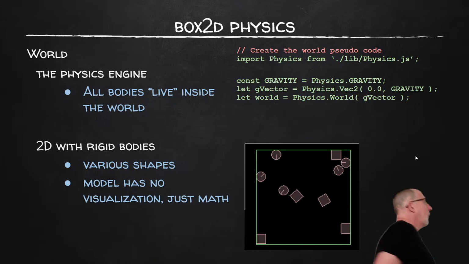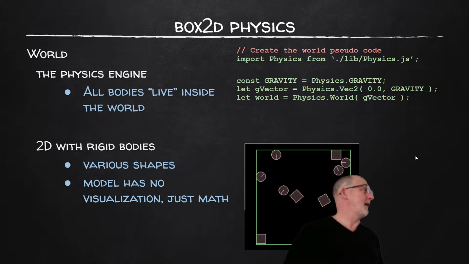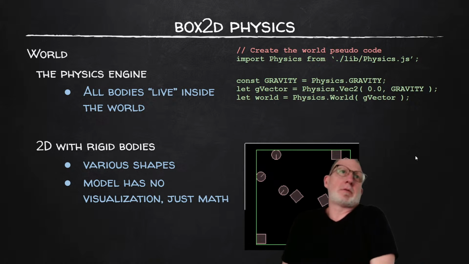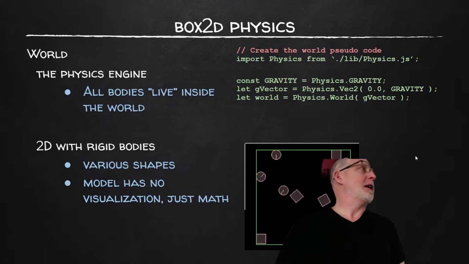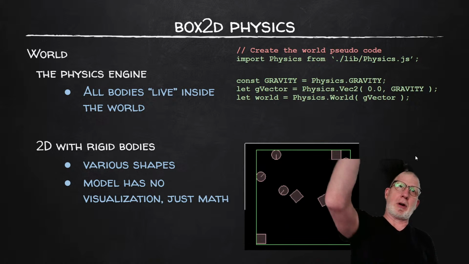Okay, we're going to use our physics to grab the gravity value. That's that 9.8 value. I'm going to create a vector 2D with that value. And using that vector, I'm going to specify a new world, telling it which way gravity is. If you make gravity 0 by 0, you have outer space. If you make gravity negative, things will float up instead of down. Gravity is a force pulling down.